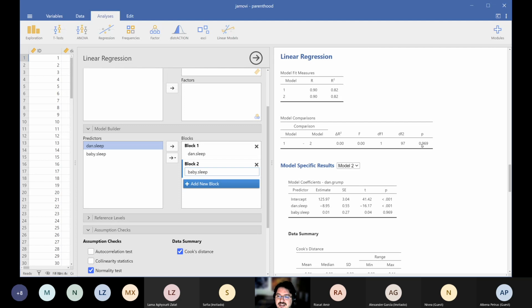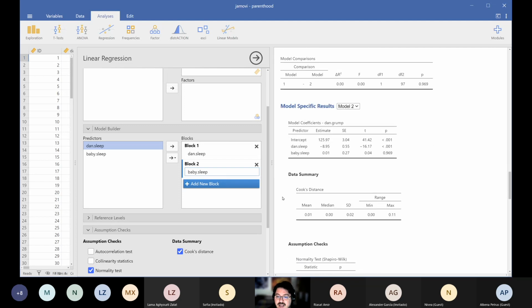So this p-value tells us that there is no real difference in the predictive capabilities of these two models. So we shouldn't consider using baby sleep because it doesn't improve the model. We don't want to add complexity if we don't add predictive capabilities.